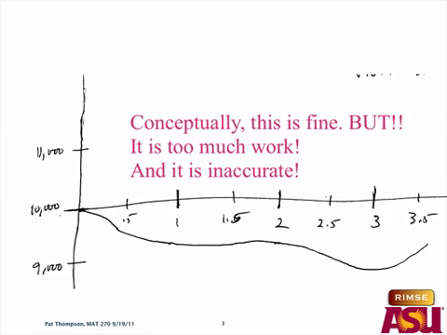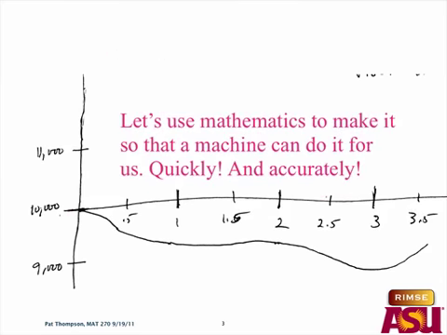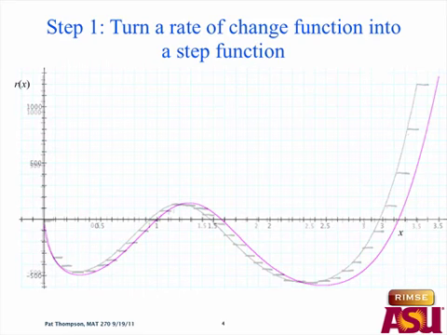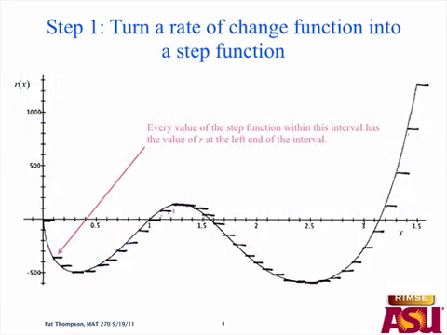Okay, so conceptually it's fine. It's too much work. It's inaccurate, we said. So we want mathematics to make it so that the graphing calculator can do it for us. The computer can do it for us quickly and accurately. The first part of that is what we talked about. Every value of the step function within this interval has a value of r at the left end of the interval.